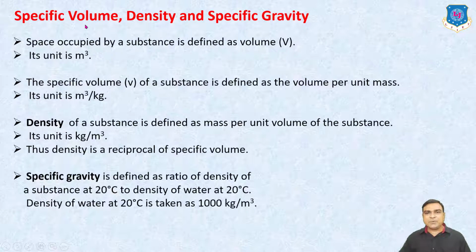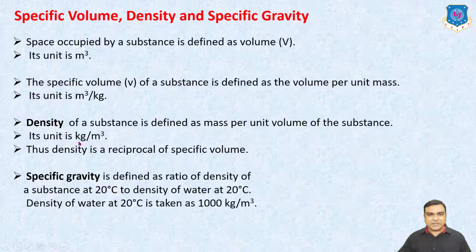Now specific volume, density, and specific gravity. Space occupied by a substance is defined as volume. Its unit is meter cube. The specific volume of a substance is defined as the volume per unit mass. Its unit is meter cube per kg. Density of a substance is defined as the mass per unit volume of a substance.